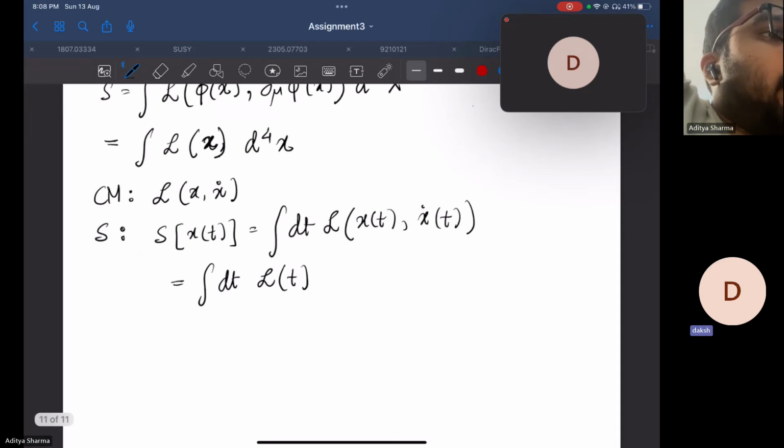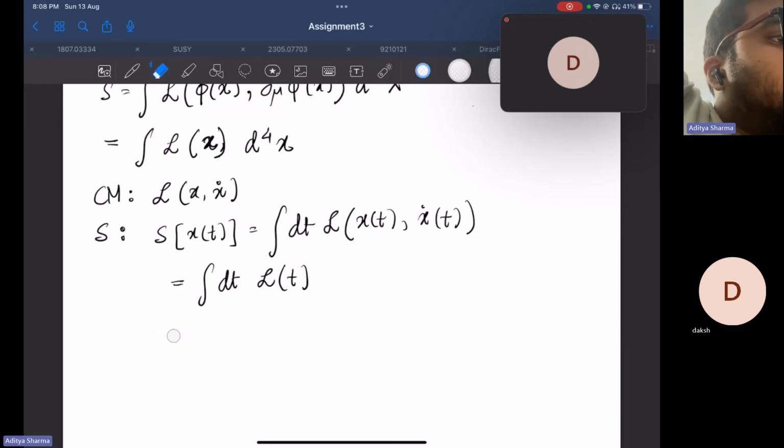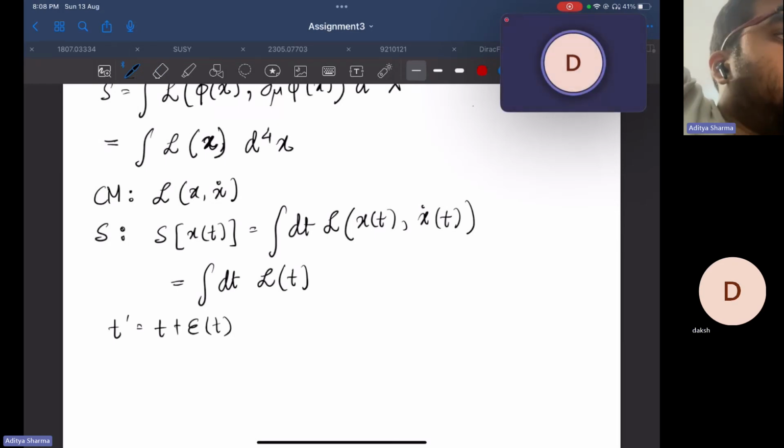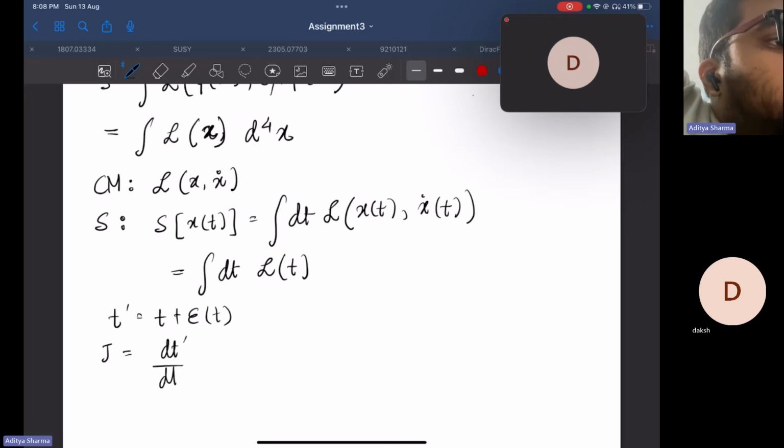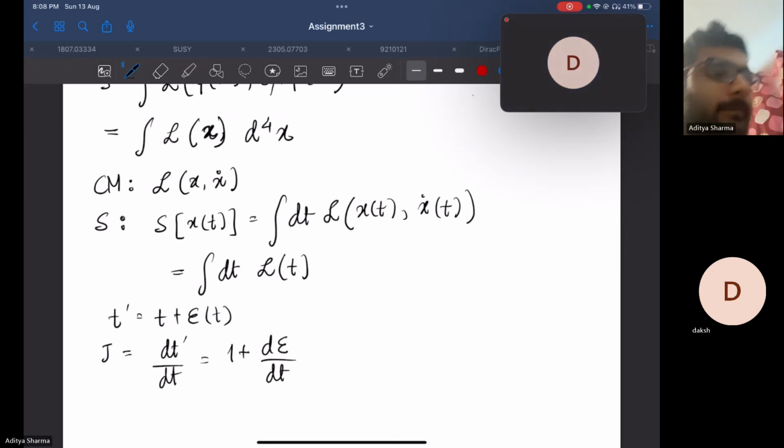Now you do the time translation, say t prime is equal to t plus epsilon of t. It's some function of t. What is the Jacobian here?